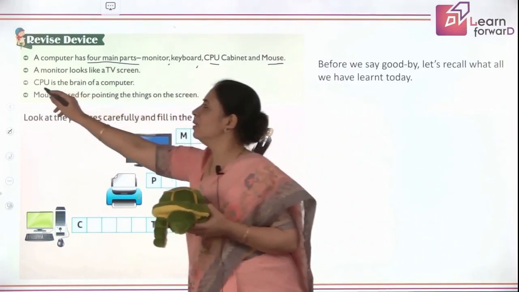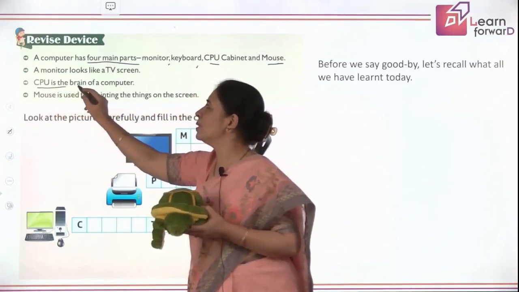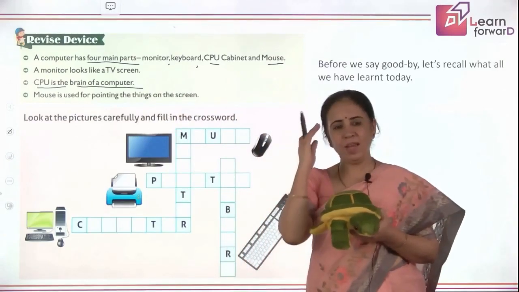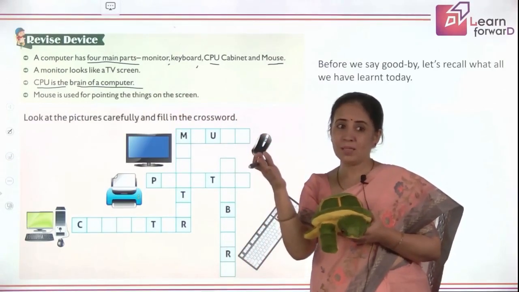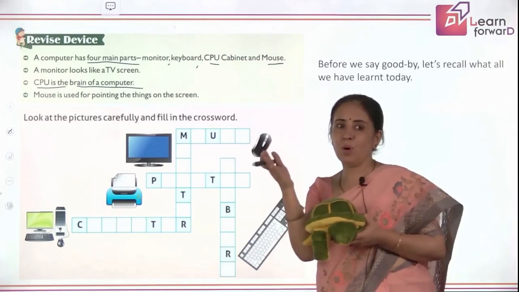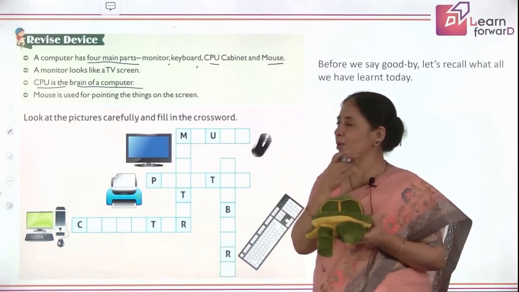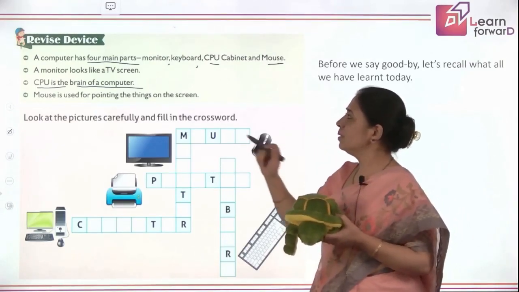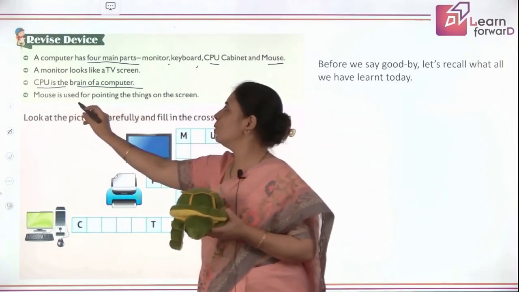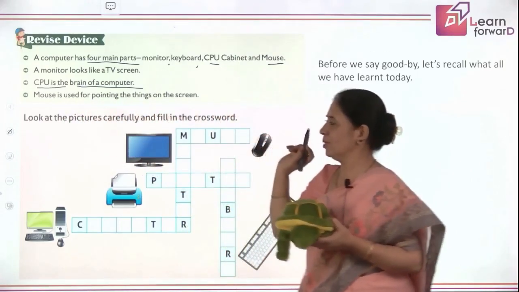Another thing we learned is that CPU is the brain of computer. Like we have a brain, computer also has a brain to think, and we call it central processing unit. And then mouse is used for pointing the things on the screen.